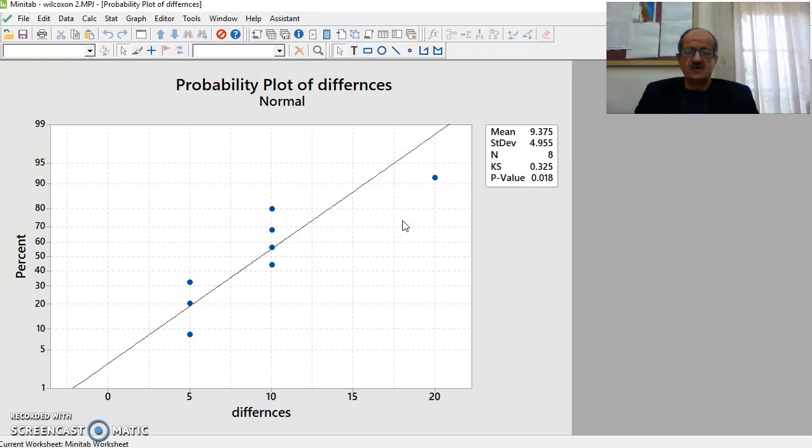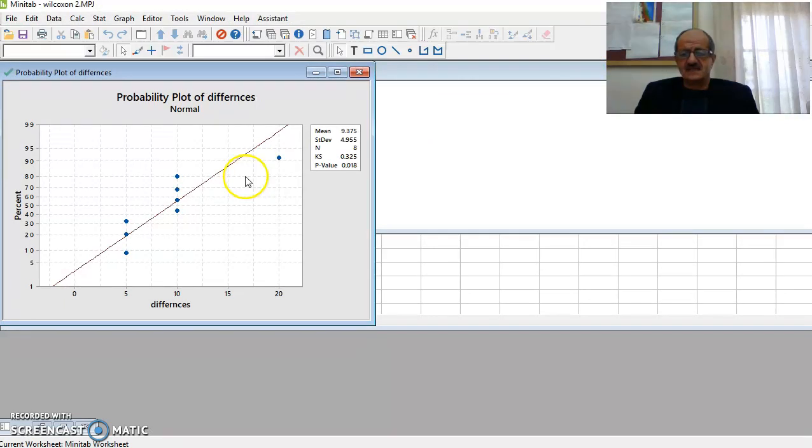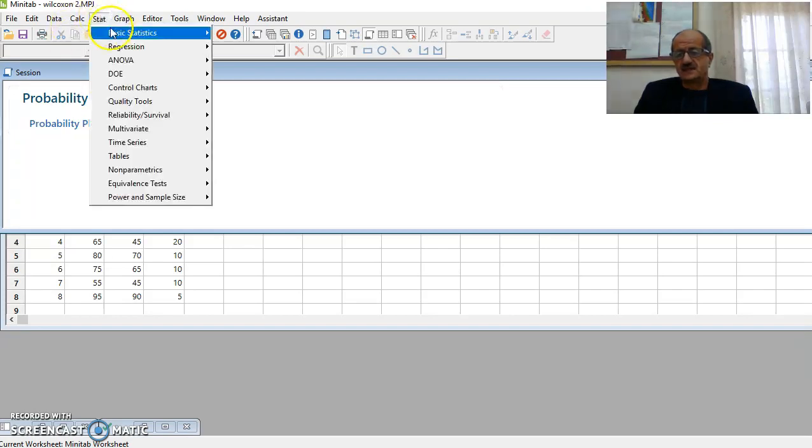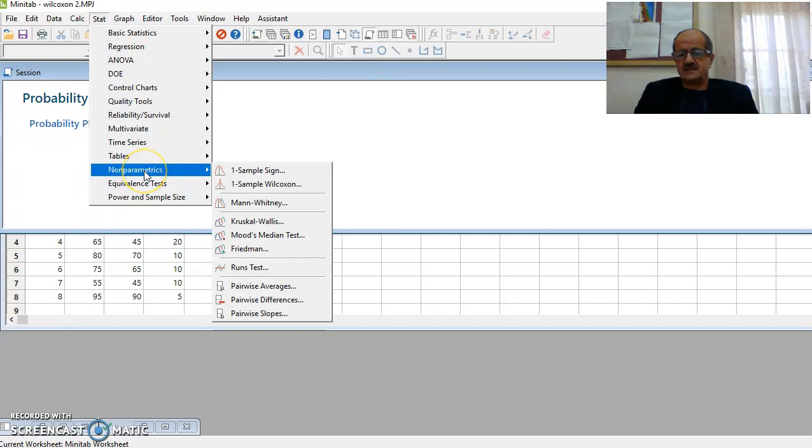Therefore, we have to go for a non-parametric test. Okay, since these are two dependent groups, the same people, the same subjects, exposed to the treatment, and we have the weight before and after, we'll go now for testing the hypothesis. Statistics, non-parametrics, one-sample Wilcoxon.